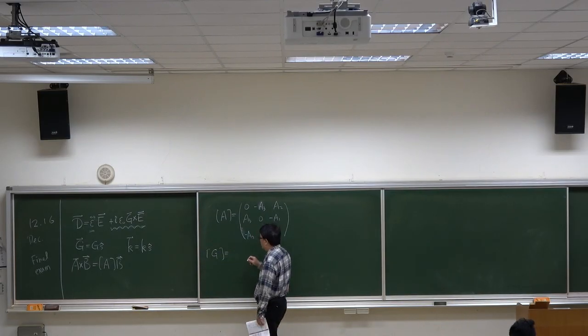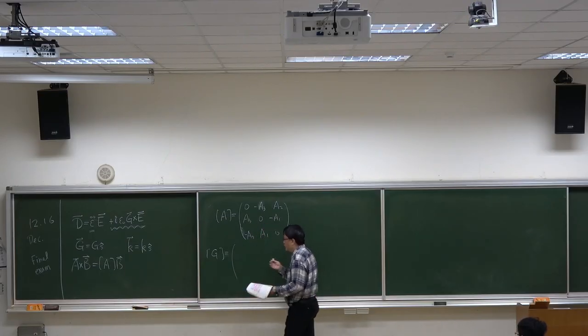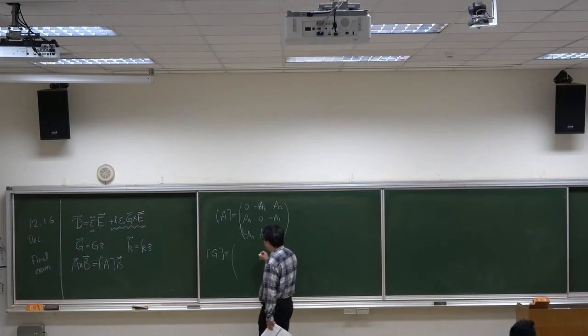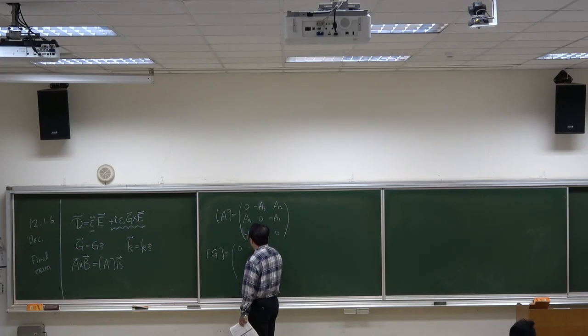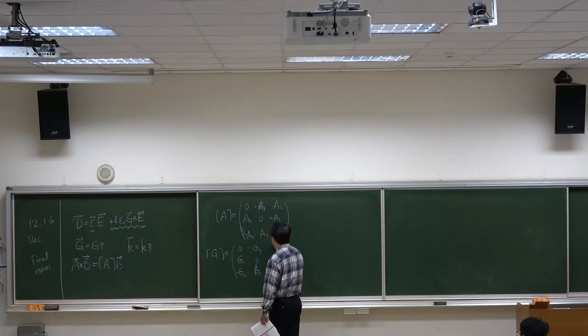G matrix is defined according to the G vector. The G vector minus G1.